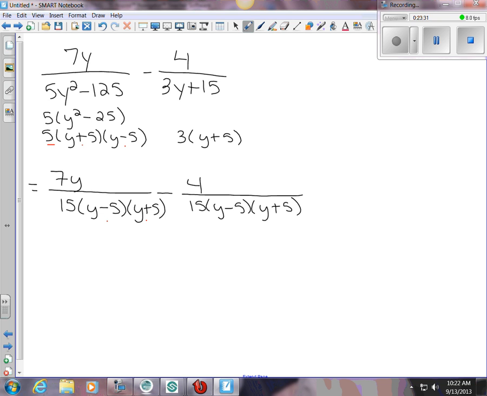What's changed is we went from 5 to 15. How do I get from 5 to 15? Multiply by 3. Good. Over here, I have the y plus 5. I need 3 to get to 15, and I also need the y minus 5. So I need both.